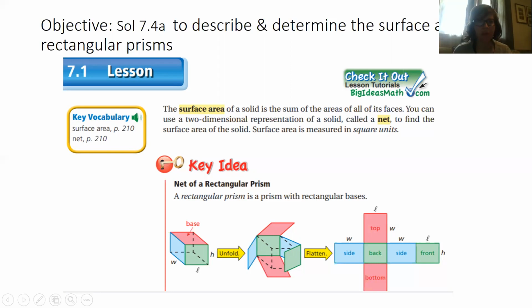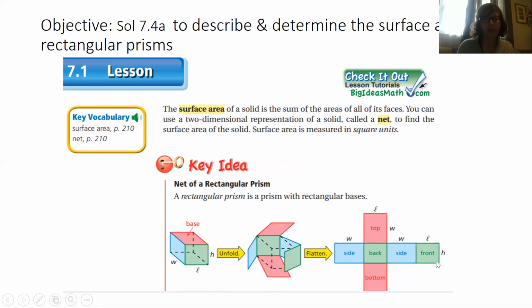Here is an example of a net of a rectangular prism. As you can see, this is your rectangular prism. There's the base, and here is what we call the width, the length, and the height. If you were to unfold it and flatten it, as you can see in this second picture, this is what it would look like.